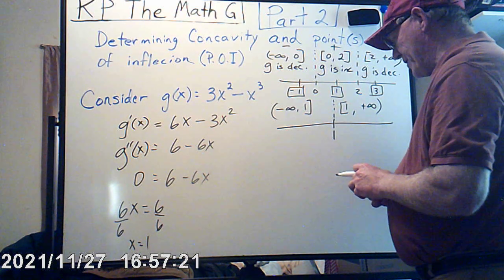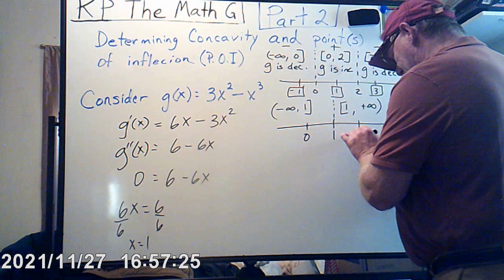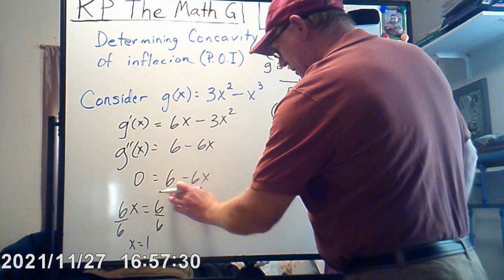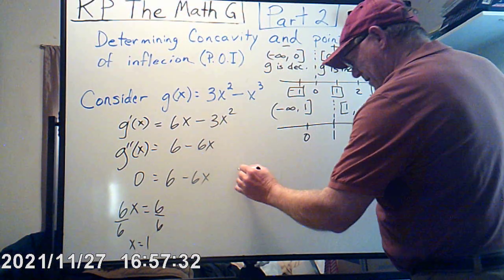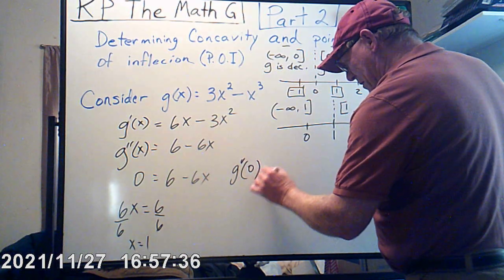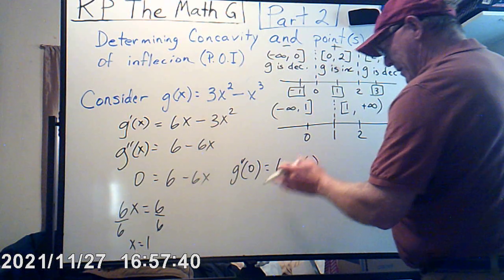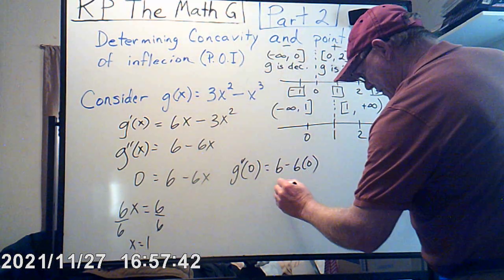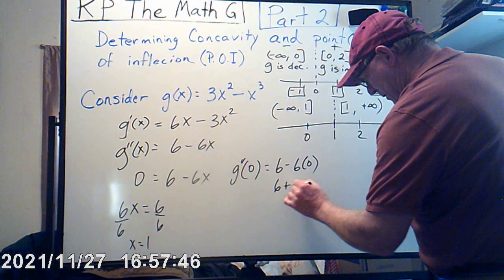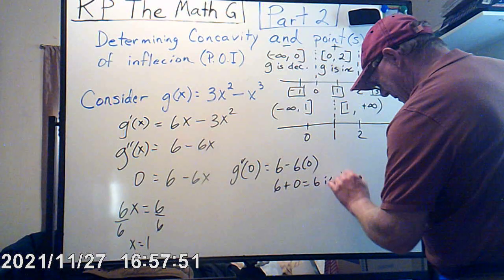All right, so let's see here. Let's pick 0 here, and then let's pick 2 right here. And this time we're plugging it into this problem right here. So G double prime at 0 equals 6 minus 6 times 0, and all we're looking for is whether it's positive or negative. We have 6 plus 0, which is 6, and 6 is positive.